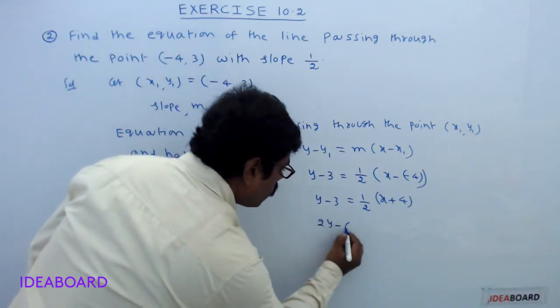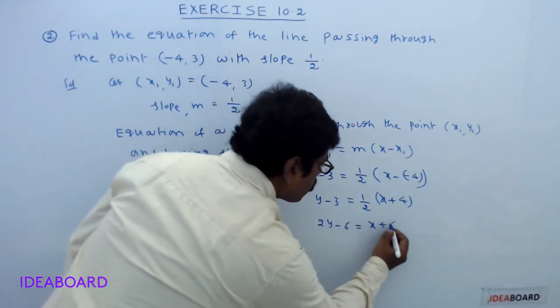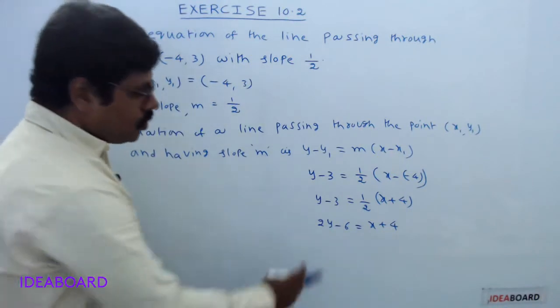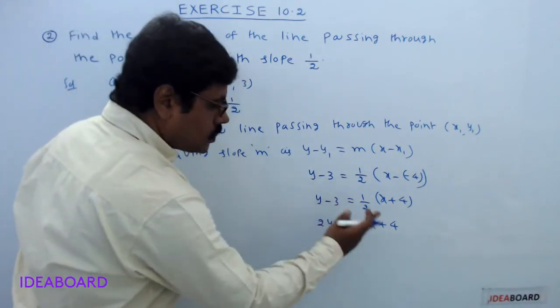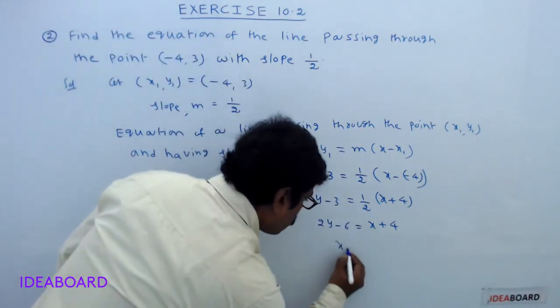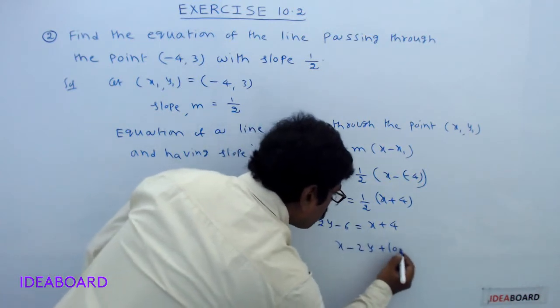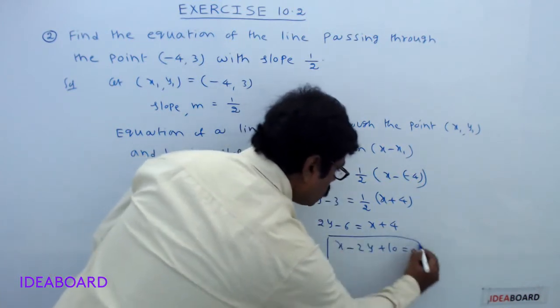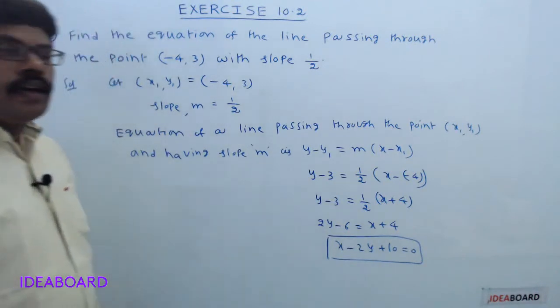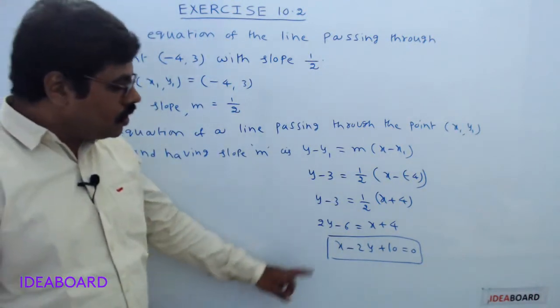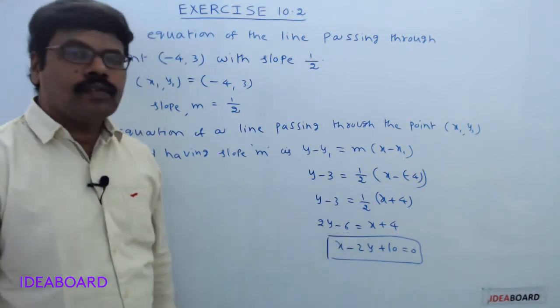It is 2y minus 6 equals to x plus 4. Bring these two terms from LHS to RHS. So x minus 2y plus 10 equals to 0. So therefore required equation of the line is x minus 2y plus 10 equals to 0.